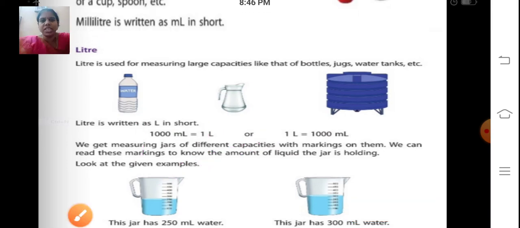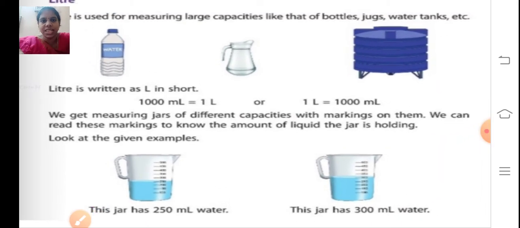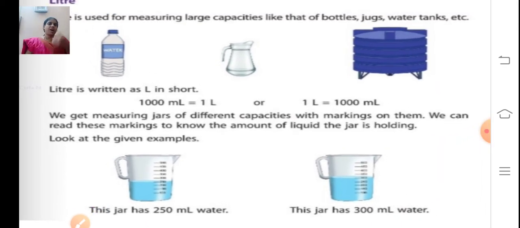And have you seen measuring jars? Just see these measuring jars. In that, we can see how much it can hold and how much water is present. We get measuring jars of different capacities with markings on them. You can see some small markings, right? We can read these markings to know the amount of liquid the jar is holding. Now just see how much water is present in that?